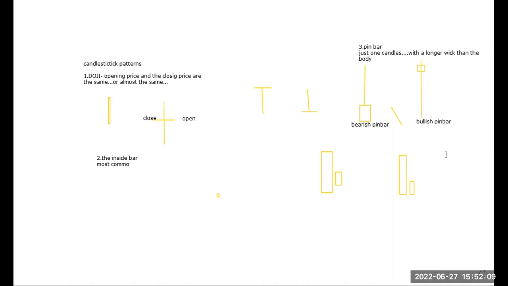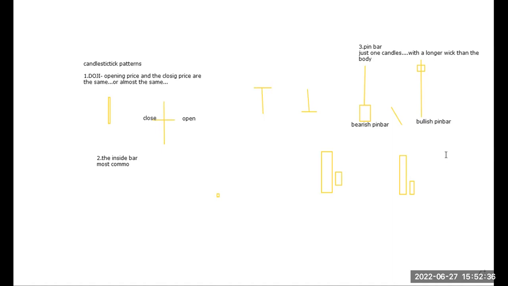If you are to grasp only one candlestick pattern, just grasp this one. It is the king of price action, because most of the setups and trades that you'll get, you'll use the pin bar as a confirmation because of its high probability to get you entry points. So you need to know the pin bar very well.